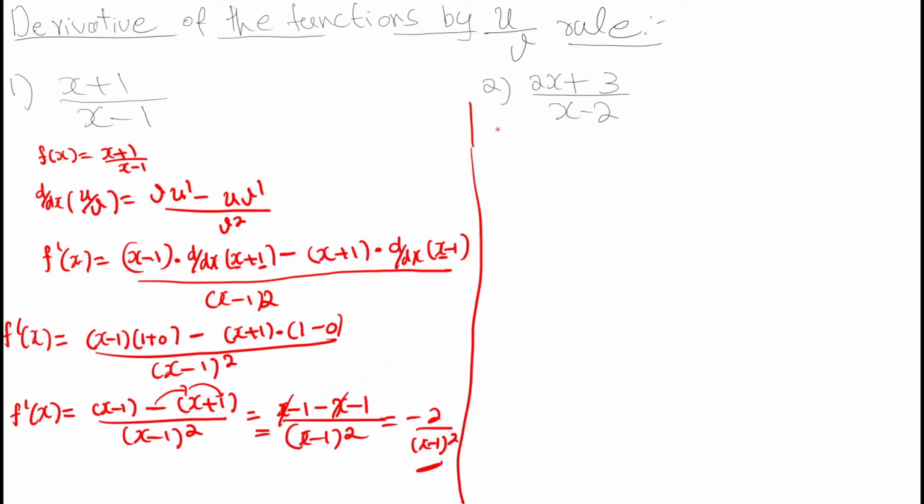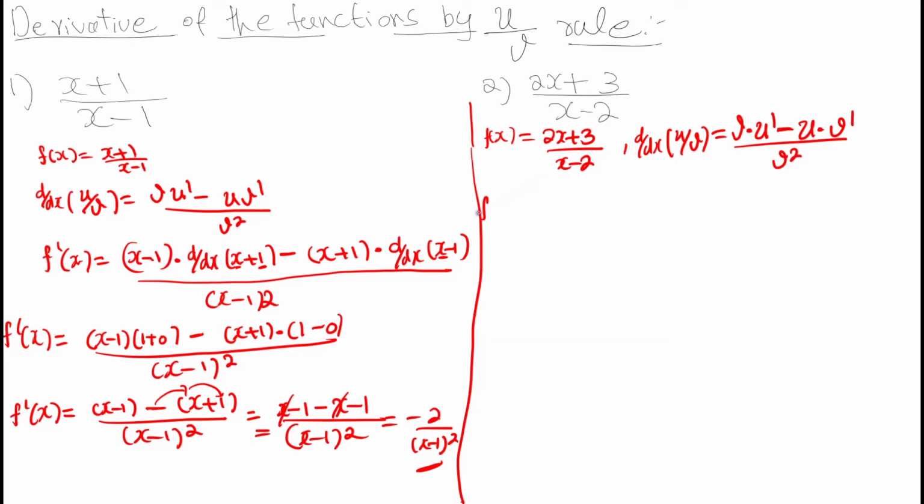Look at the second function. f of x is equal to 2x plus 3 divided by x minus 2 is given. The formula is d by dx of u by v is equal to the denominator into the derivative of the numerator minus the numerator into the derivative of the denominator, divided by the denominator square.